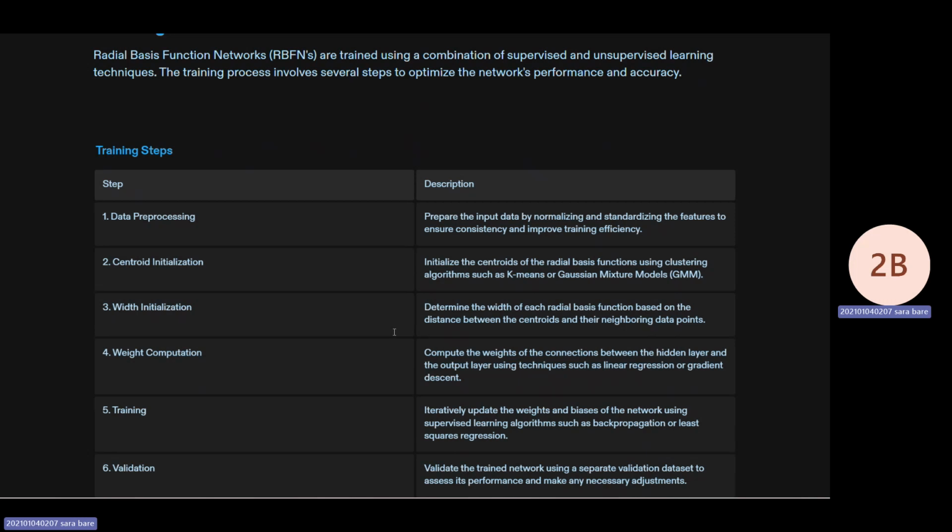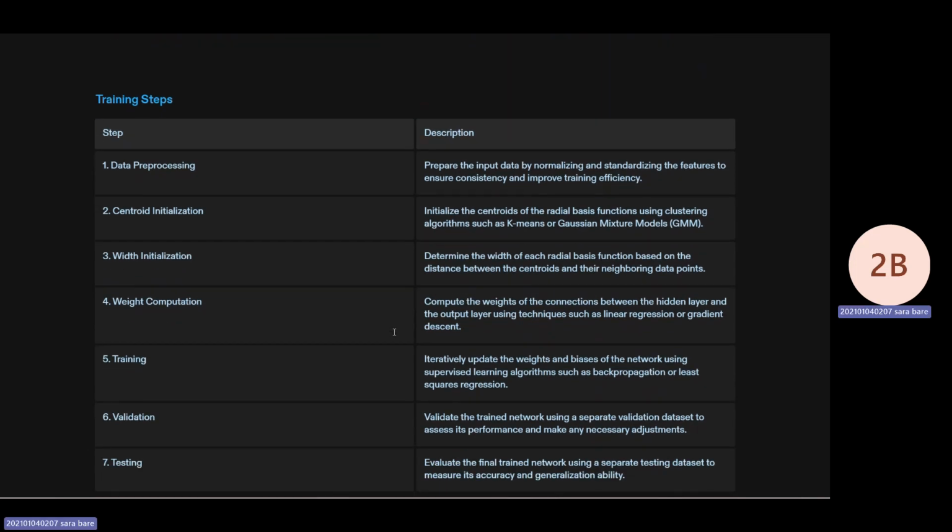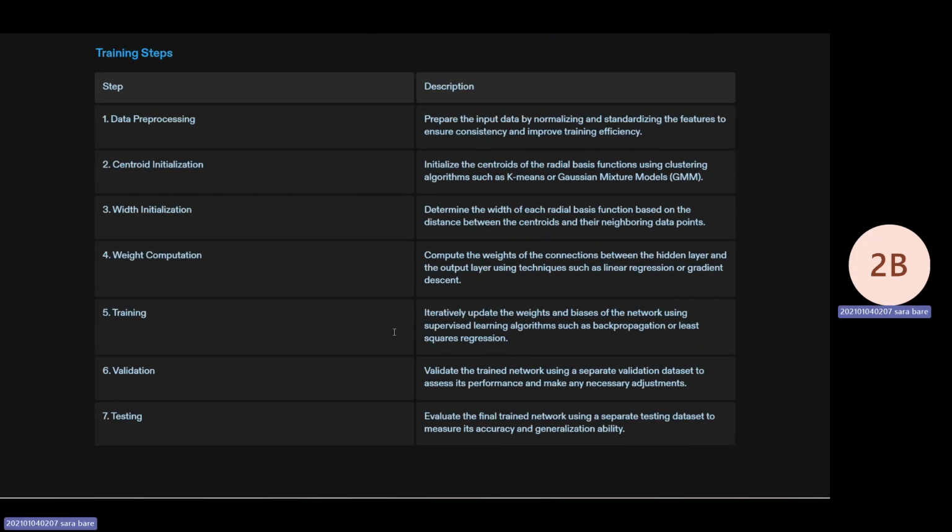Then width initialization. Determine the width of each radial basis function based on the difference between the centroids of the neighboring data points. Then for the weight computation, calculate the weight of the connection between the hidden layer and the output layer using techniques such as regression training. So iteratively update the weights and the biases of the network using supervised learning algorithms such as backpropagation.